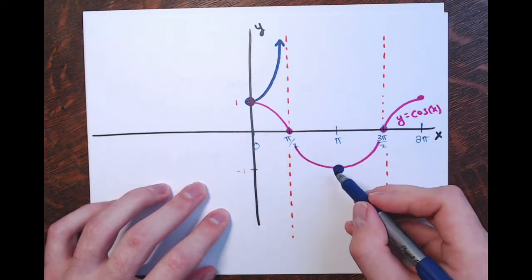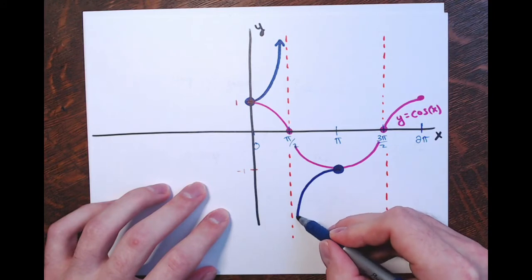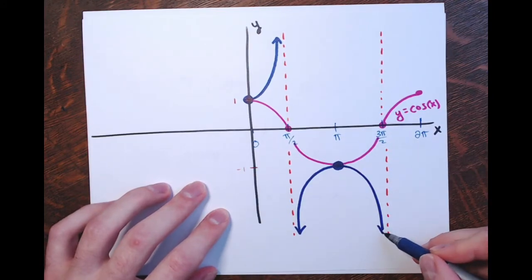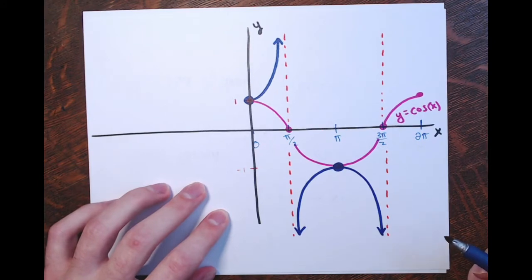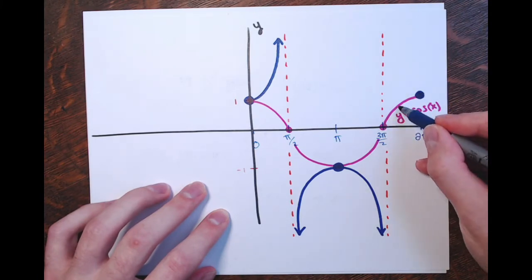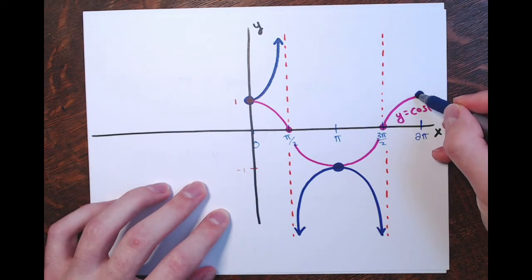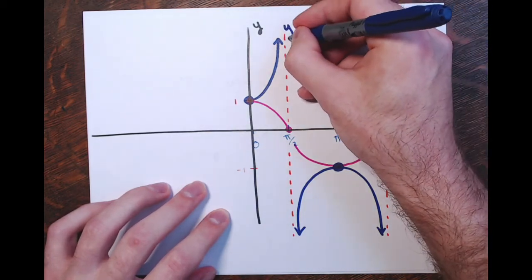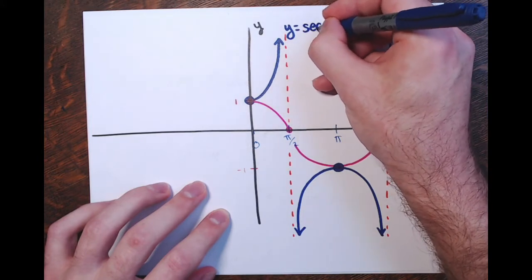When I flip them, they'll be less than -1, so I'll be approaching negative infinity there, negative infinity over here. And then over here, the cosine of 2 pi was 1, so the secant of 2 pi will also be 1. And all these values are positive values on the cosine. They'll still be positive, but be greater than 1. So here I get the graph of y equals the secant of x.